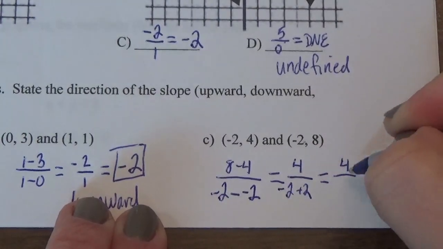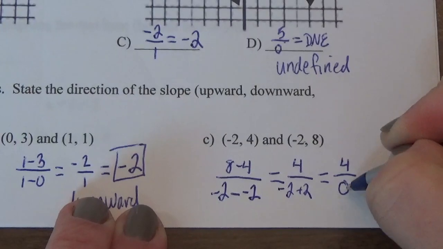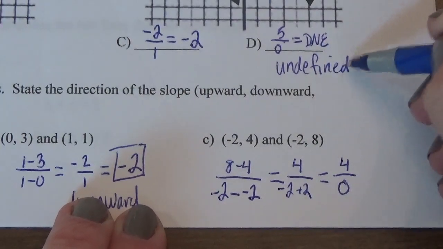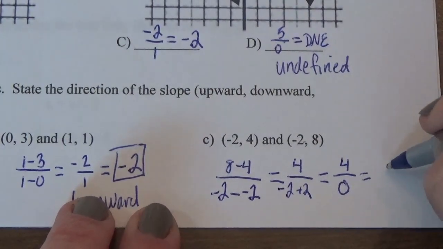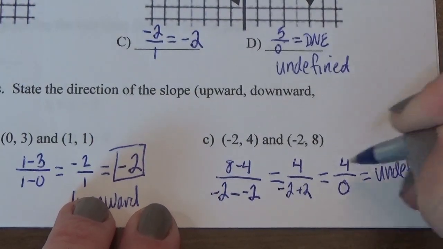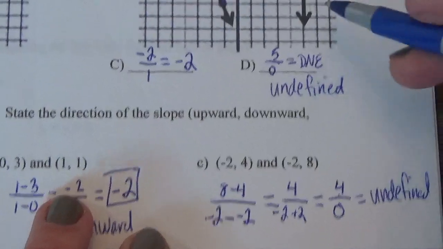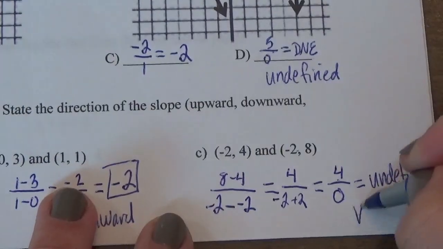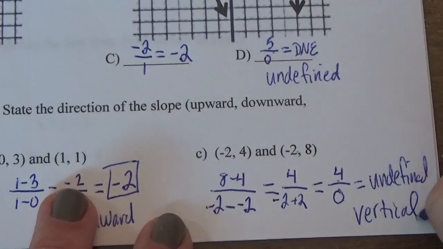Oh boy. So that's 4 over 0. That's the weird one that we just did here. This is going to be undefined. And which line is that? You can actually refer up here. That's going to be a vertical line.